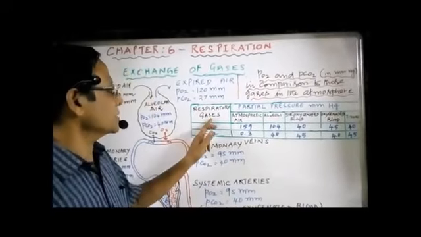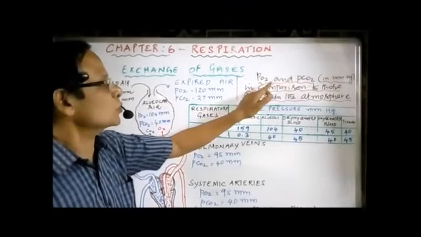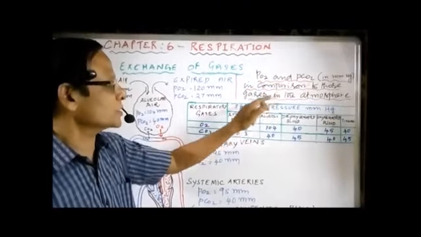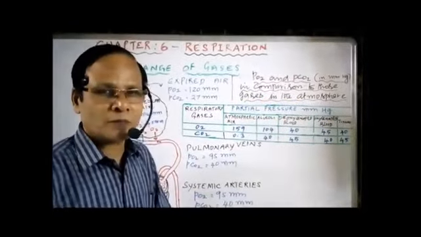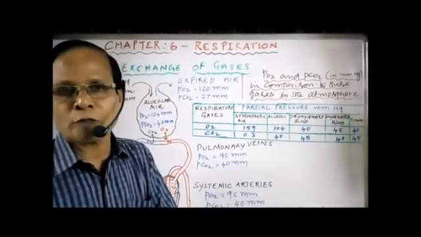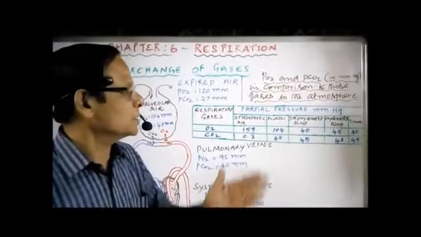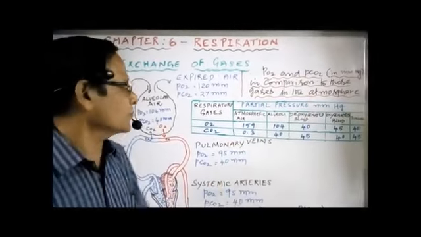Here the heading, PO2 and PCO2 in millimeter mercury, is given in comparison to those gases in the atmosphere. We are comparing the partial pressure of oxygen and carbon dioxide in the atmosphere and those gases present within the body.